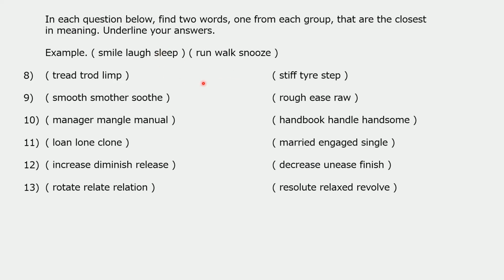We can see that sleep and snooze are the same. So we know that our way of working these out is correct. Now, remember to underline. Always, if it says underline, then always underline. You can't circle them, or else you might not get the mark.